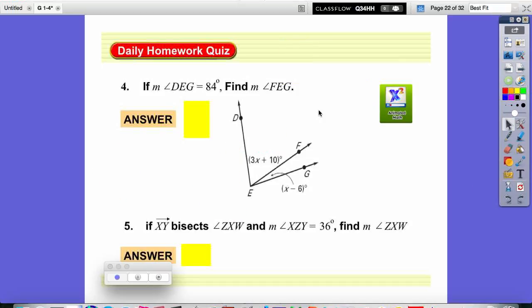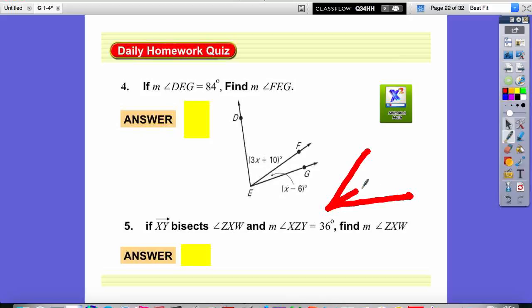Now, if ray XY bisects angle ZXW, I want to sketch that out to help me understand. So that's ray XY, and it bisects ZXW. And XZY is 36.